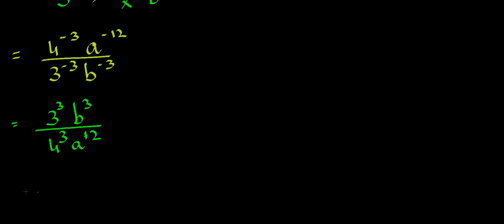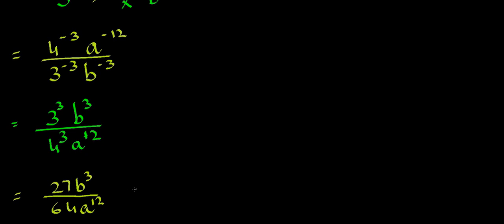So let's do the final working. The answer 3 raised to 3 is 27 and 4 raised to 3 is 64. This is 27 b raised to 3 upon 64 a raised to 12.